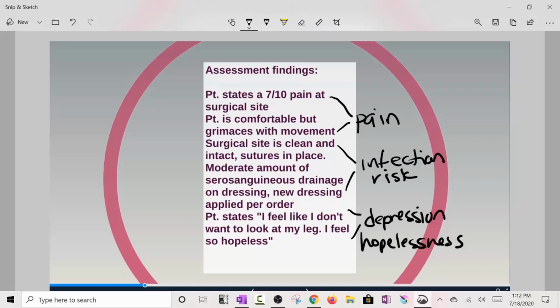Definitely something psychosocial. So you can see by taking this and this, that's clustering our data to give us an indicator of pain. And then here, even by saying that it's clean and intact, we still have sutures. We still have a moderate amount of drainage, which can be an indicator of a possible risk for infection.